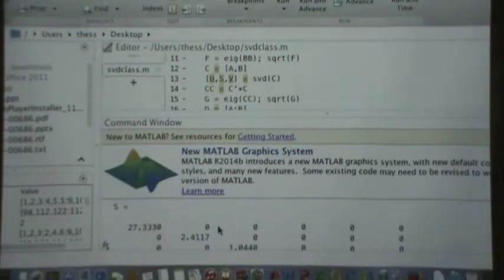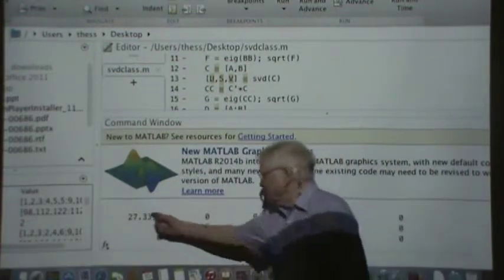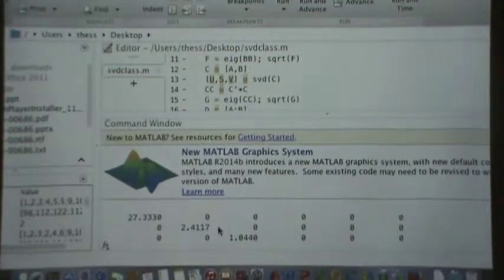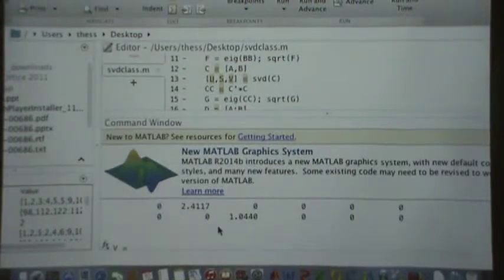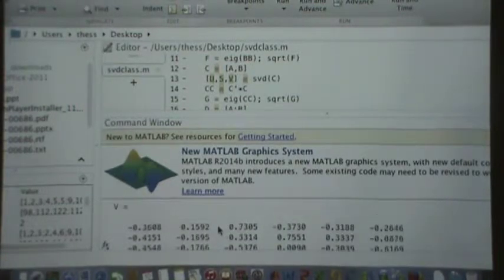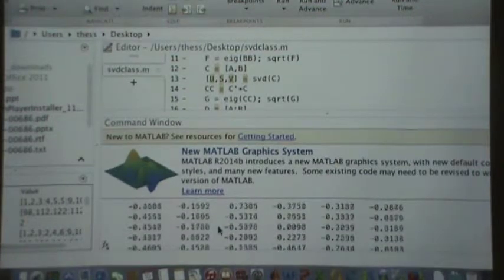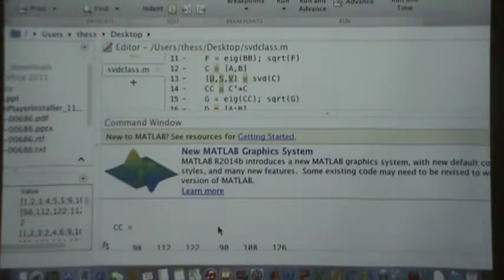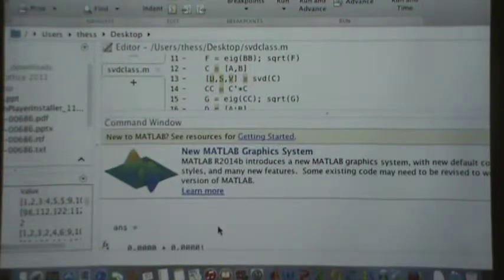The singular values, though, it's a 3x6, and the singular values are sitting here, and then you just have zeros filling out that space. And then if we go up, V is a 6x6 matrix. It's not obvious on this screen, but there it is. That's the 6x6 matrix. Now, C dagger C is a 6x6 matrix.